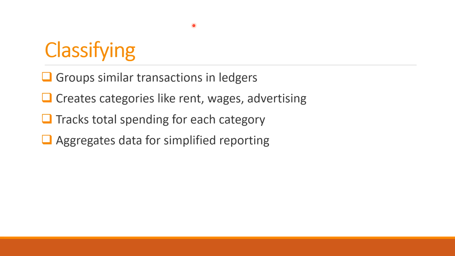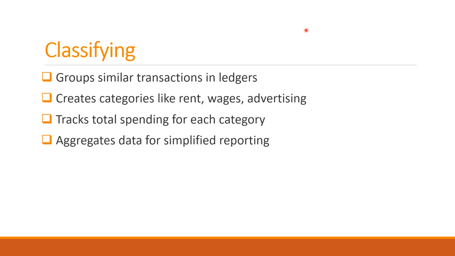Classifying is the second step in the accounting process, where recorded data is organized into categories to make it easier to understand and analyze. Once transactions are recorded in the journal, they are examined and grouped by their names and nature.